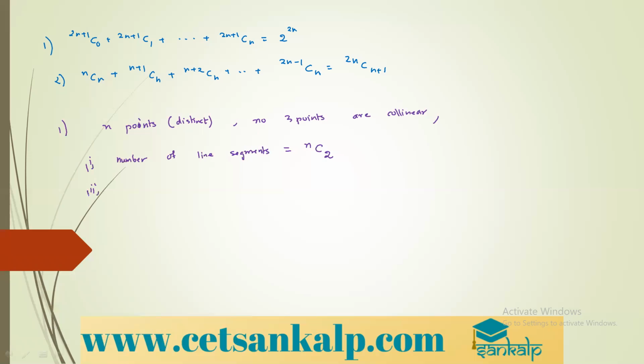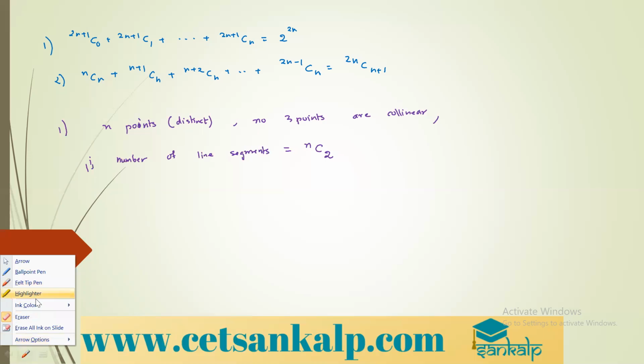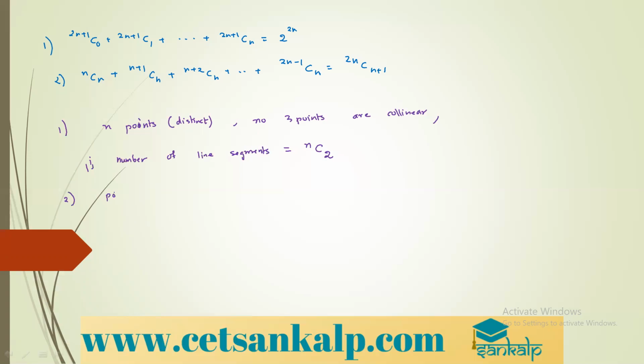Suppose in the same story, if you want to find the number of diagonals, okay, I will take a different one so that you won't get confused. I will take it as a different point. So now what I will say is, there is a polygon and it has n sides. Polygon with n sides.